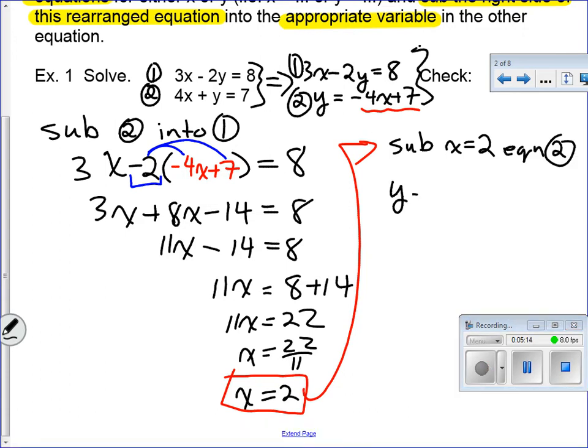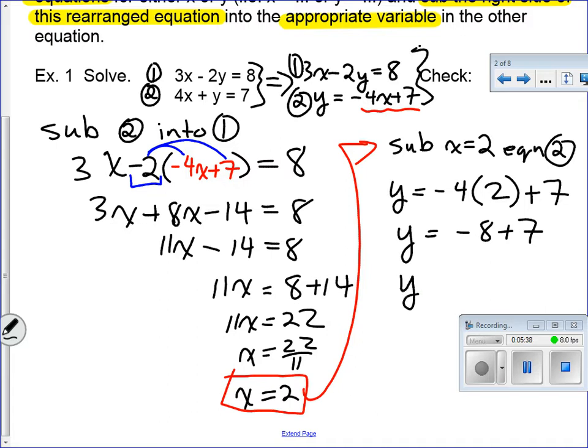So we get y is equal to negative 4 bracket 2 plus 7, which is negative 8 plus 7. So y is equal to what? Negative 1. Excellent, guys.